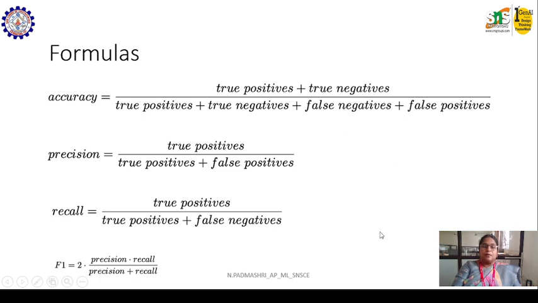By applying these values in the formulas, we can easily calculate the accuracy, precision, recall, and F1 score, so that we can easily measure the performance of a machine learning model, and correct or improve it through these metrics.